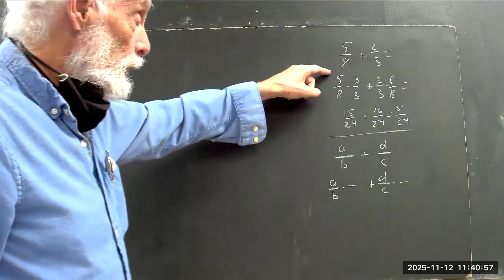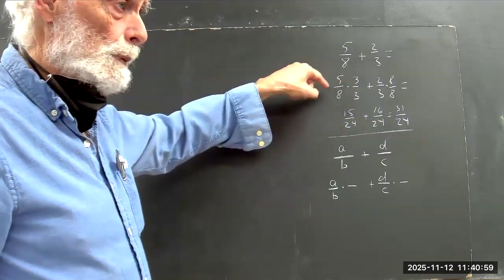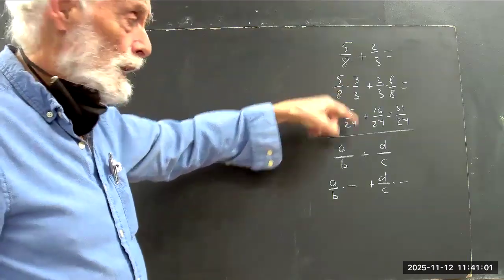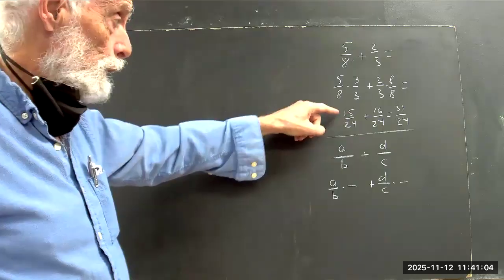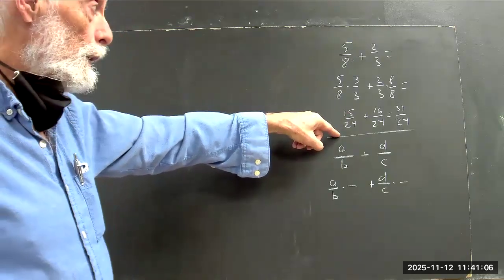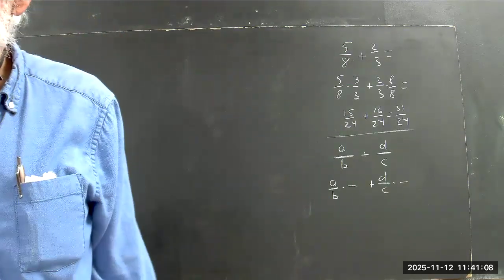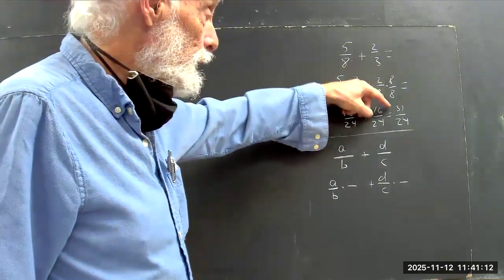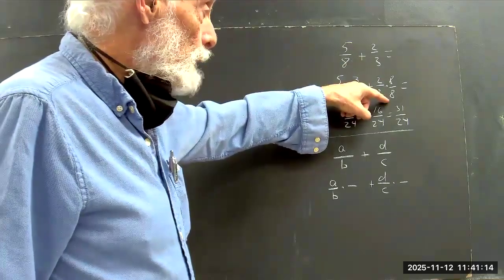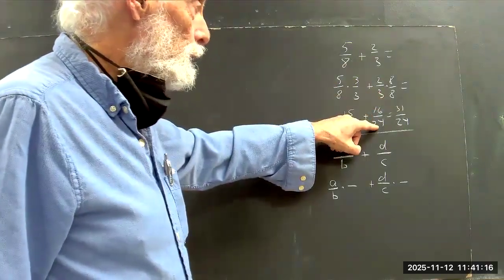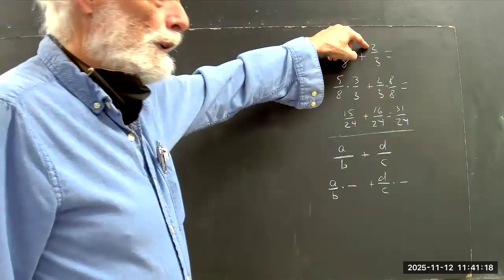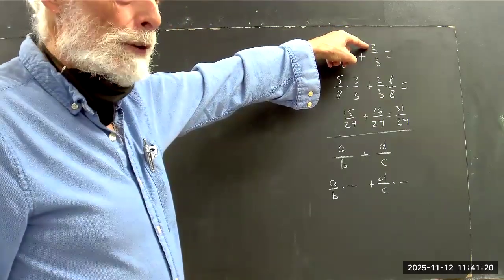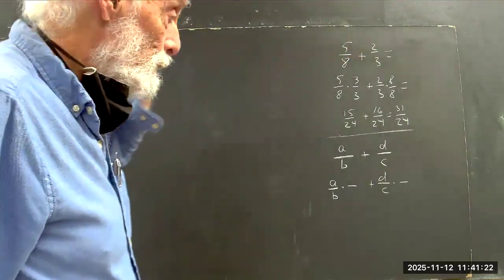So really, when we multiply 5/8 by 3/3, we're just multiplying 5/8 by 1, just to make it look a little different, but this fraction has exactly the same value that this one does, okay? And because we multiplied this one by 8/8, we just multiplied it by 1. So the fraction that resulted was identical in value to the fraction that we started with.